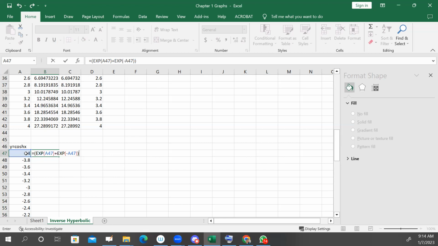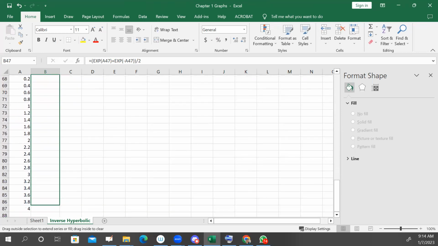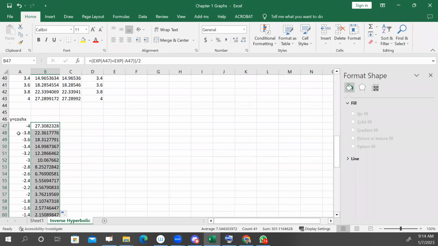And then you close the numerator with another bracket. So you give the numerator separately in brackets, divide by 2. All right, guys, e to the x plus e to the power minus x, divided by 2. This gives you the cosh x graph. And then you drag this down and you get all the values. Okay, so this is your cosh x graph.